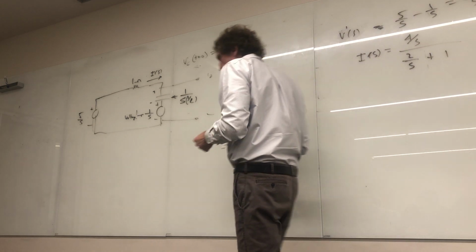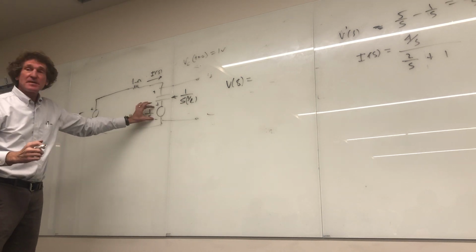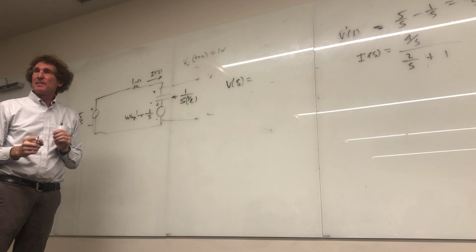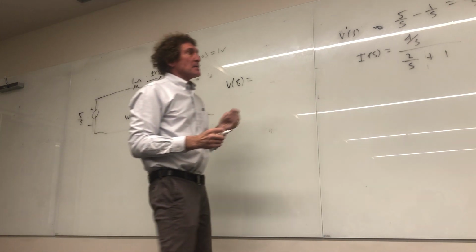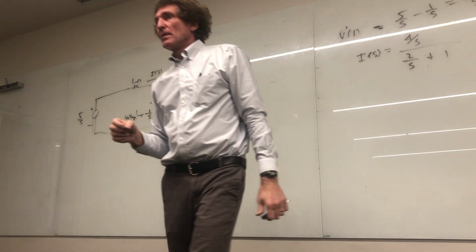Does everybody see what I'm doing here? I'm taking the net voltage that's driving the current around the loop, and I'm dividing by the net impedance that's preventing it. And this has nothing to do with it. This is a voltage source. I'll say that again and again until you get sick of it. Agreed? Once I have that current, where did you get that 2 at the top from?